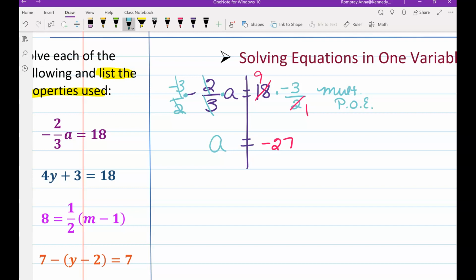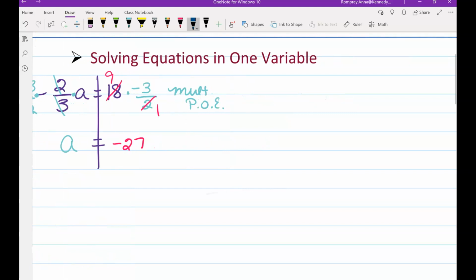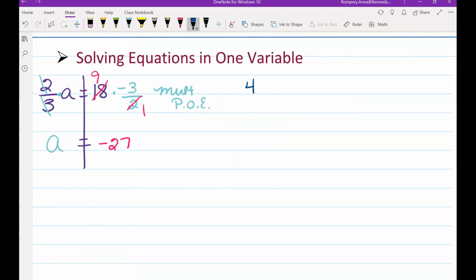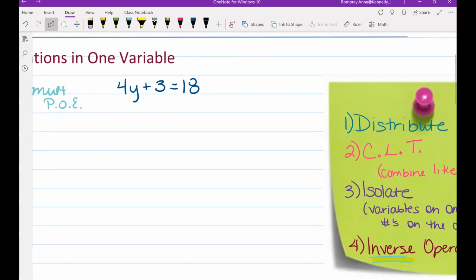Okay, so let's try the next one. 4y plus 3 equals 18. What are the operations that we need to undo? So there's no distributing to do here. If I look at the left side, there are no like terms. So 4y and a positive 3, those aren't the same, can't combine them.